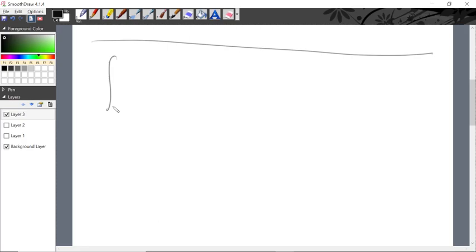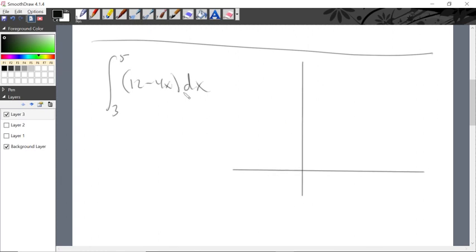Okay, so let's take a look at the integral from 3 to 5, 12 minus 4x dx. Take a closer look at this geometrically. So the function f of x equals 12 minus 4x is linear. It has a y-intercept at 12, and it has a slope of negative 4. So for instance, if x is equal to 3, this is going to equal 0.